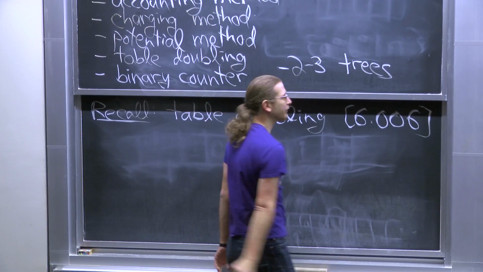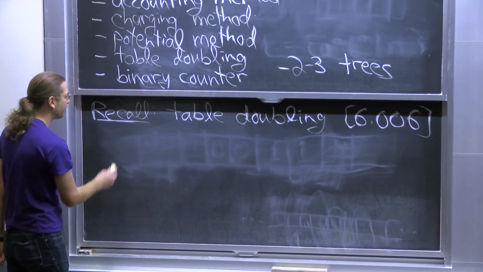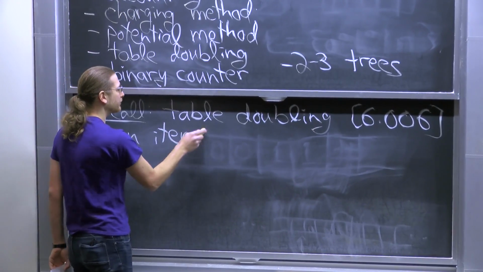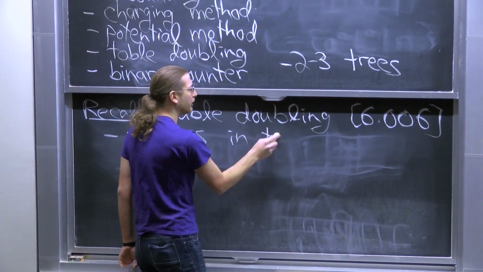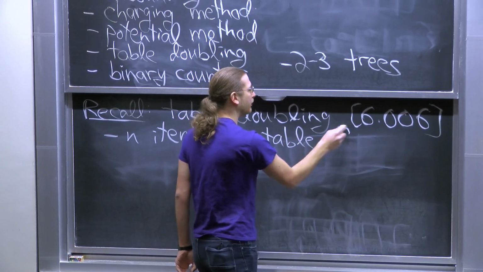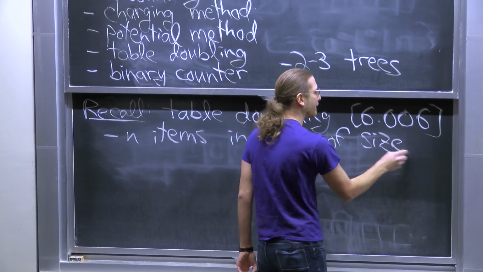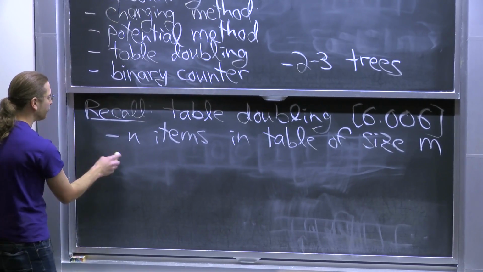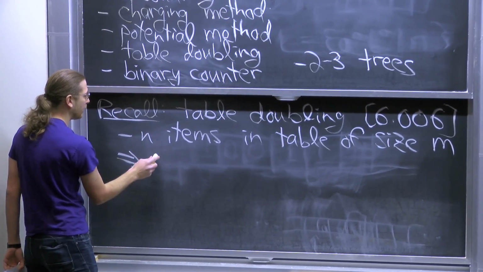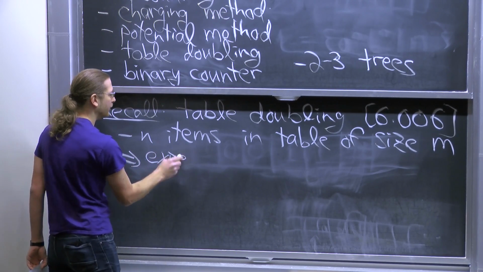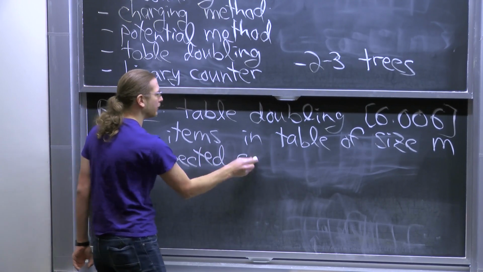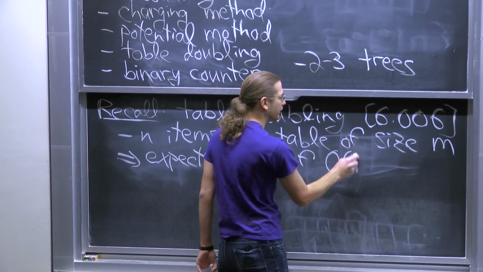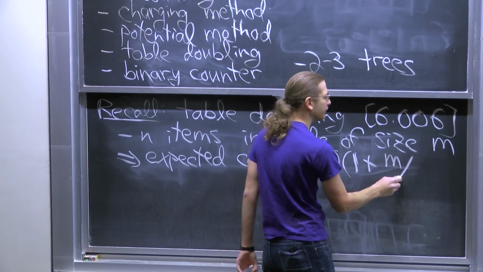This came up in the context of hash tables. As you may recall, if you store n items in a hash table of size m, there are m slots in the table, let's say using chaining, hashing with chaining, then we got an expected cost of constant plus the load factor, the number of items divided by the size of the table.